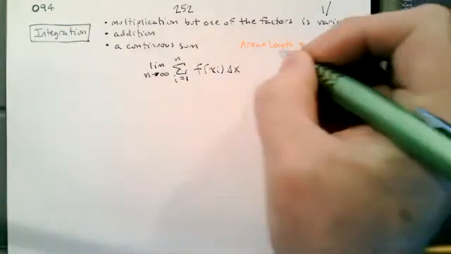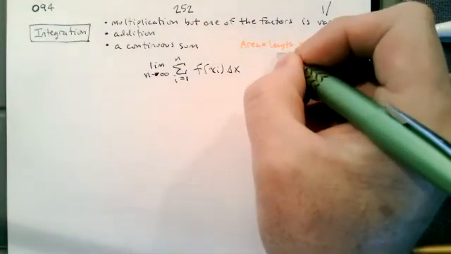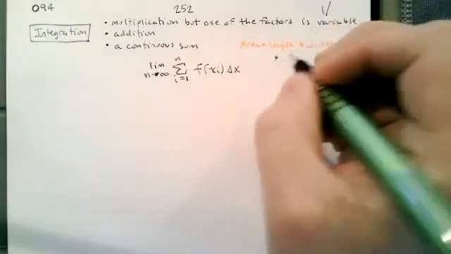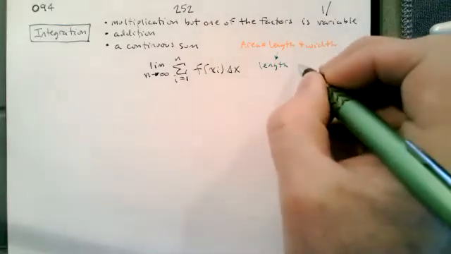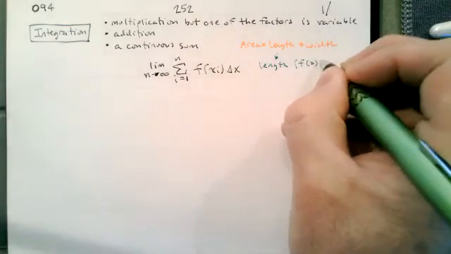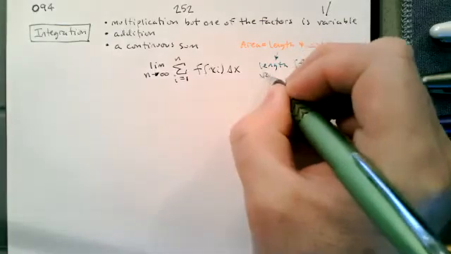So that's the first stage. We want to use multiplication, but length is variable. So we assume length, which is the function, is variable.